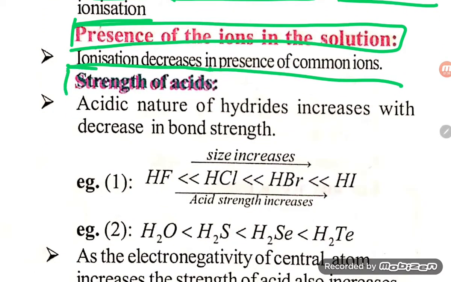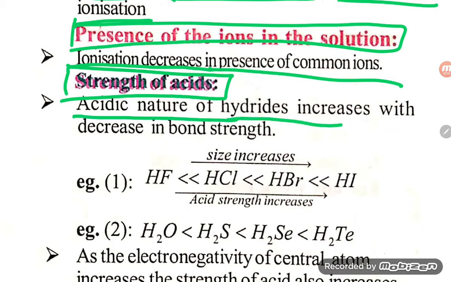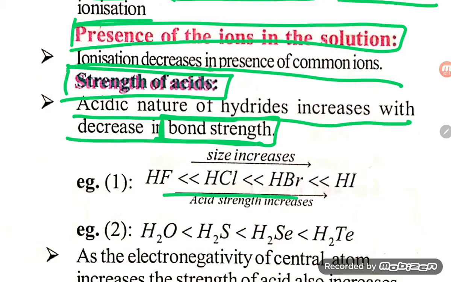Next one is the strength of acid. The acidic nature of hydrides increases with decrease in bond strength. If you move down the group, bond length increases, which means bond strength decreases, and decreasing bond strength means acidity increases.